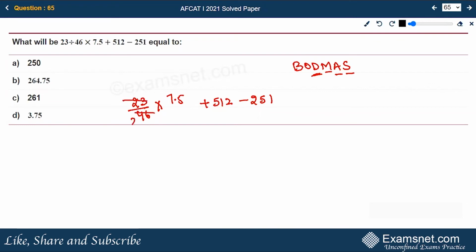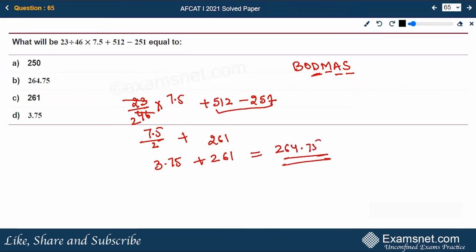So this is 7.5 upon 2. Solving them, you will get 261. 7.5 divided by 2 will give you 3.75 plus 261. So it is 264.75, the correct answer.